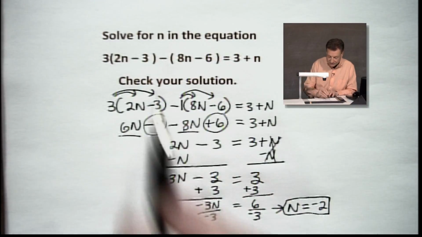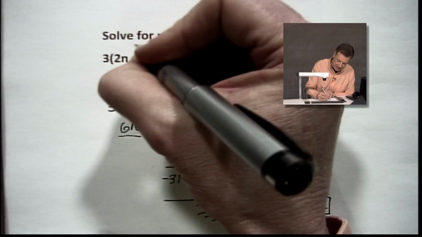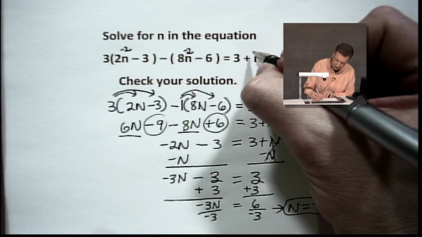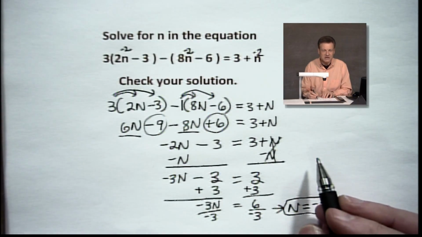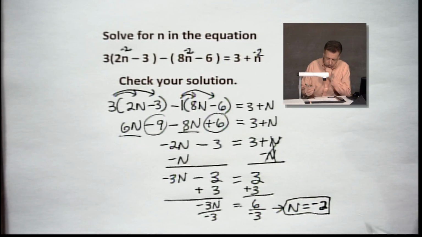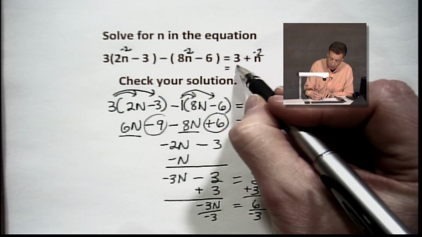Now, I saved us a little space up here. We're going to do a quick check on this. We're going to put a -2 in everywhere we see an n, because I'm kind of running low on space over here. Well, over here, this one's really easy. It gives us 1.